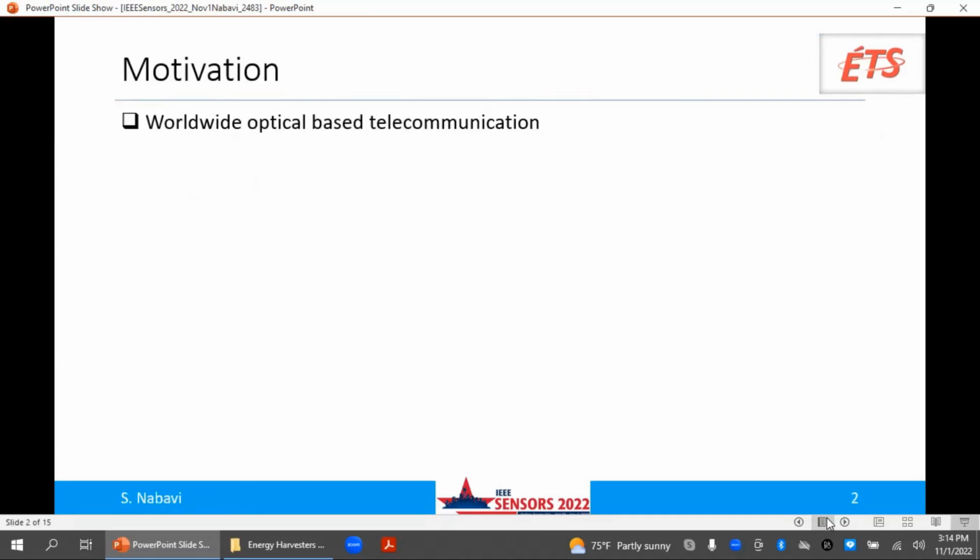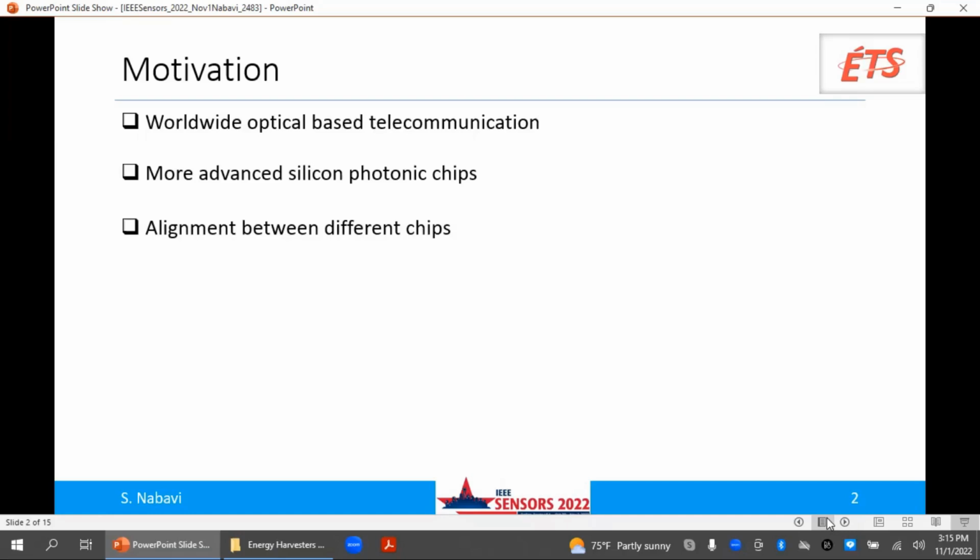So I think I don't need to remind you of the past, because optical telecommunication has a lot of applications. Because of this universal usage of optical telecommunication, many silicon photonic chips were developed.